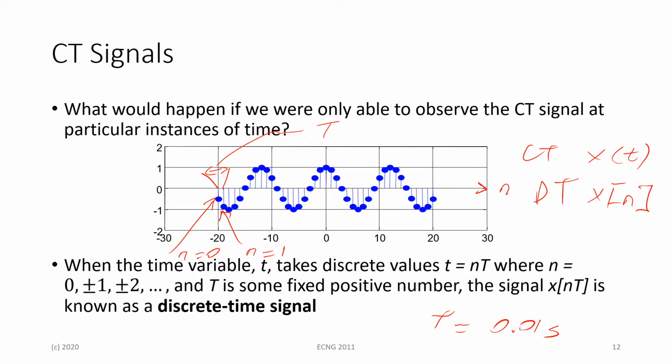So yes, the question here is, would n be the particular sample number? Yes, that is true, that's the particular sample number, and T would be the inverse of our sample rate, meaning T is our sampling time, and 1 on T is going to be our sampling rate.